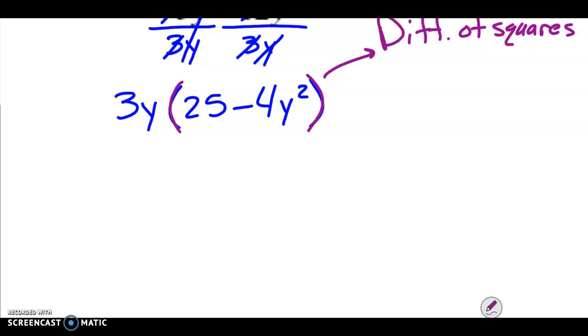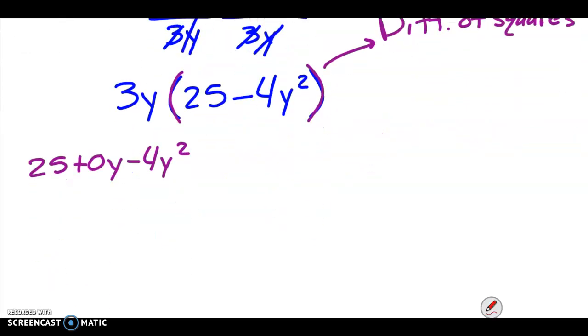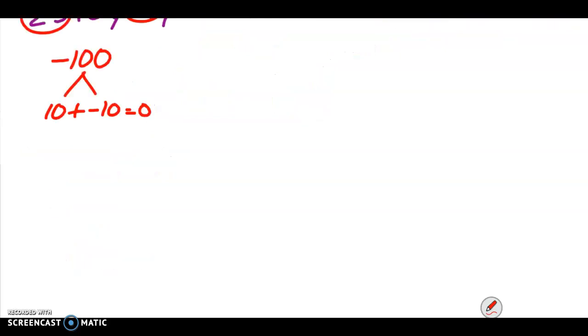First of all, you could say that I have 25 plus 0y minus 4y squared, and I could do the AC method where I end up with negative 100, and then I need 2 factors of negative 100 that will add to 0. It'd be 10 and negative 10, because you add them together, you get 0. Okay, this is one way you can do it.